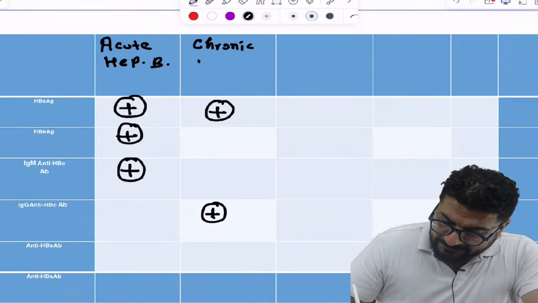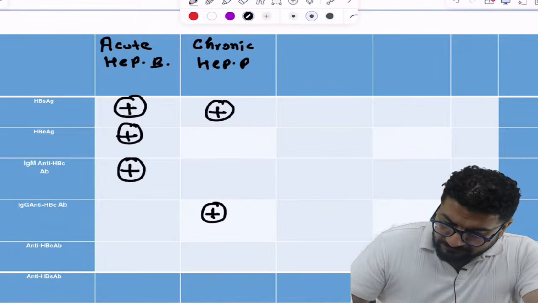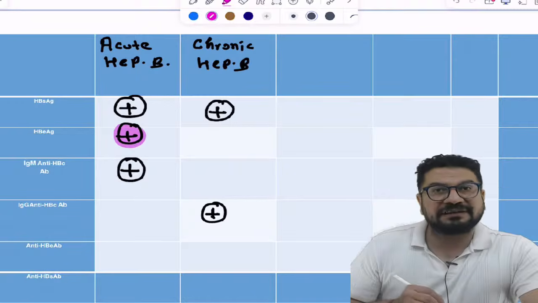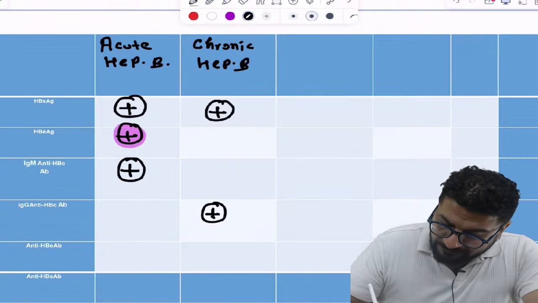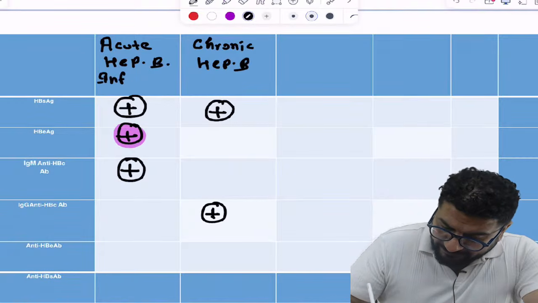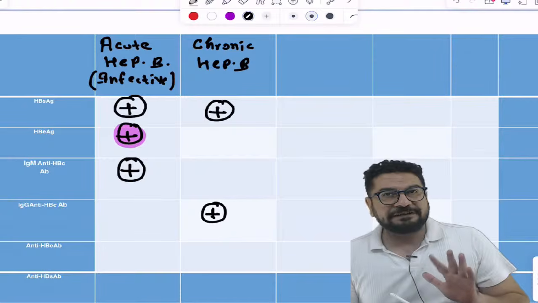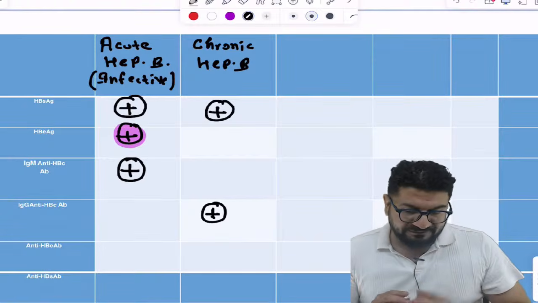Okay, now see hepatitis B. अब here you can notice HBe is positive, इसका मतलब ये divide कर रहा है, so we call this acute infective hepatitis B. But chronic में आपको पता नहीं, if nothing is given then we cannot comment on infectivity.